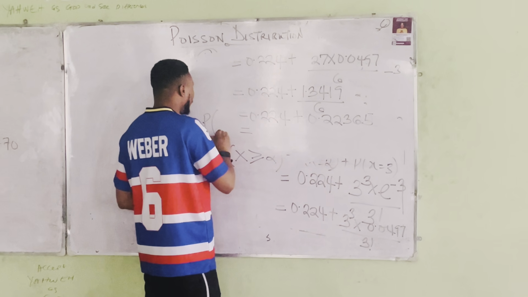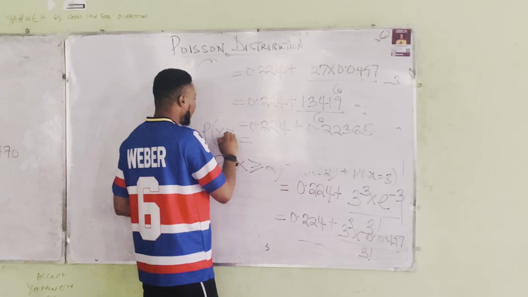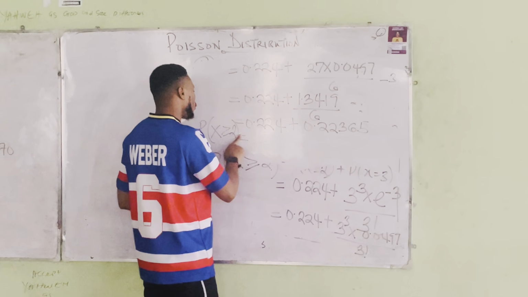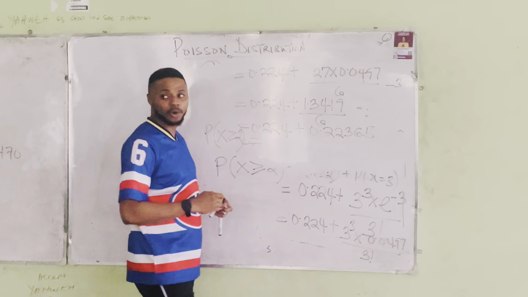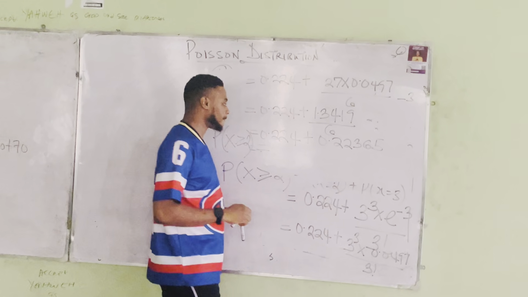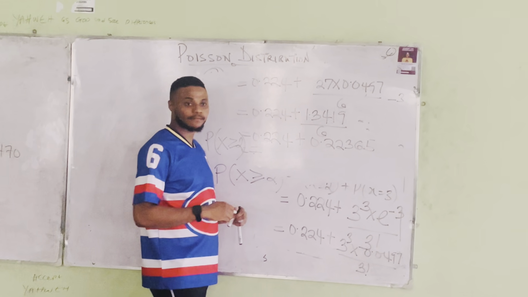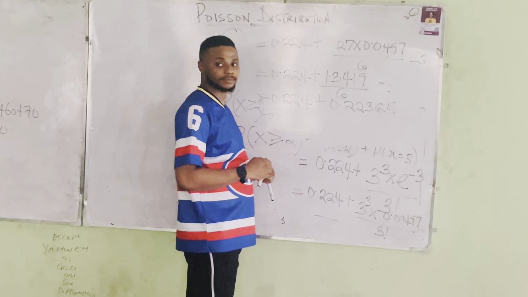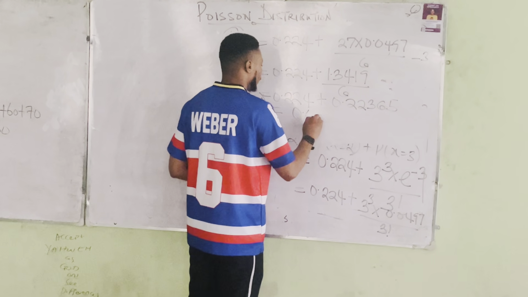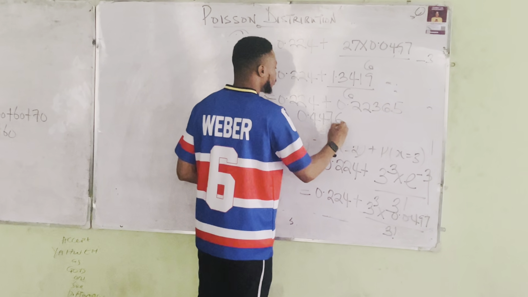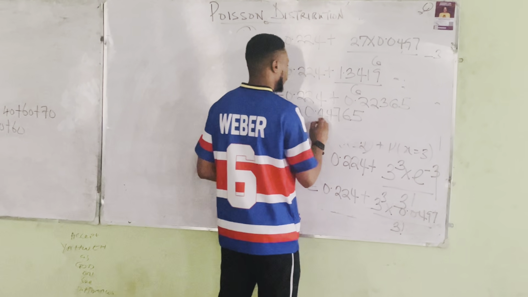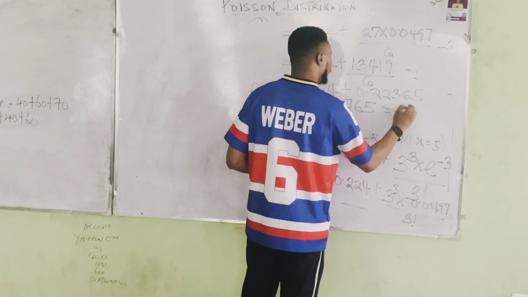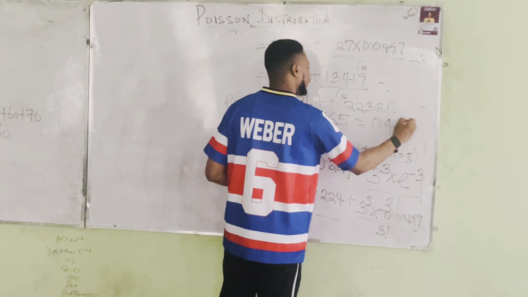So now the final answer, probability of x greater than or equal to 2, is equal to what? Add this value. What will you get? 0.44765. So this is approximately 0.45.